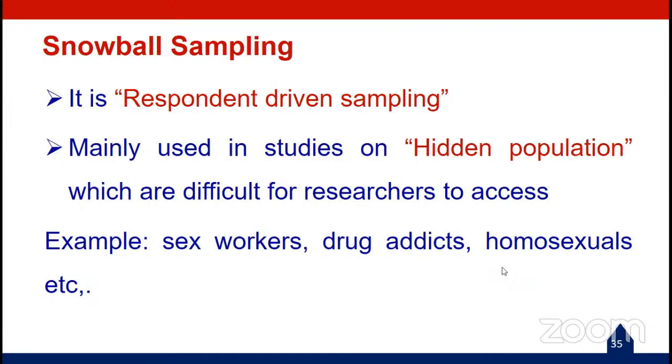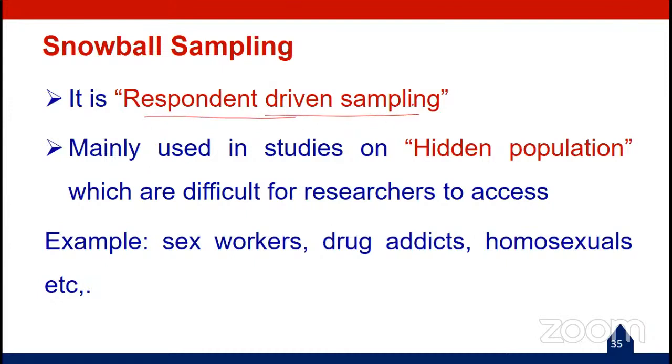So what we do is, first we identify one such individual. From that individual, we ask him or her to nominate a friend. So we recruit one more individual through that particular person. Like that, we build a network. That's why it is called respondent driven sampling.